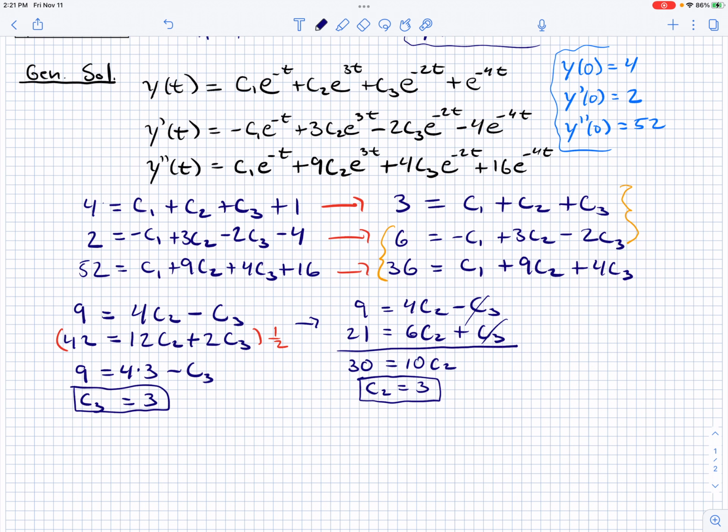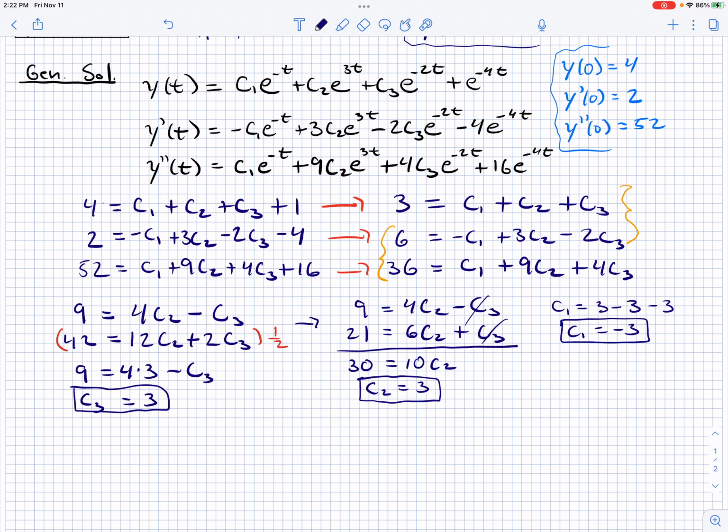And lastly, C1 is just going to be 3 minus C2, which is 3, minus C3, which is 3. So C1 will just be negative 3.